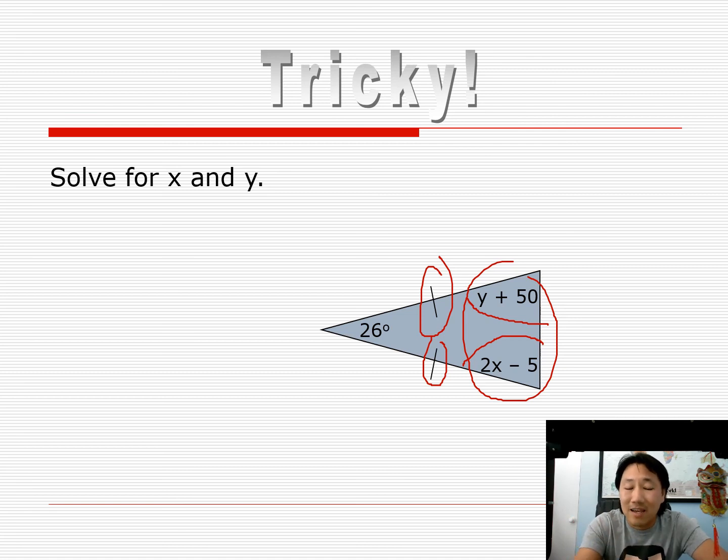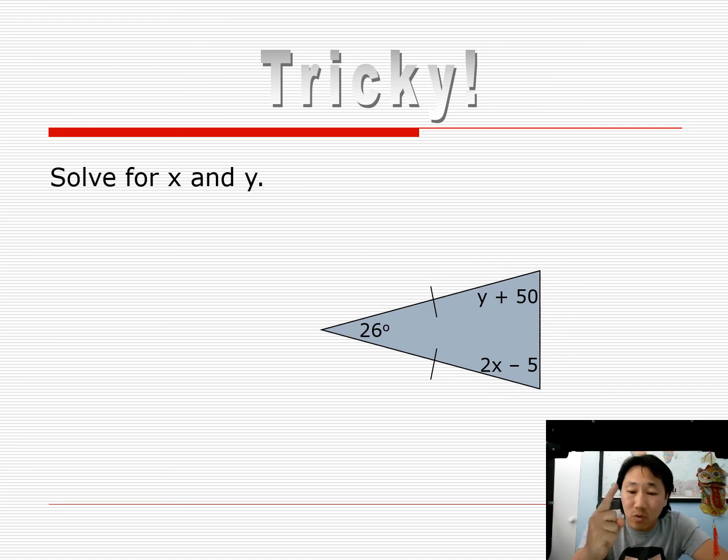You're going to have an x and a y in the equation, and you cannot solve it when there are two variables and only one equation. So how do we do it then? I'll give you a little hint. It has to do with this 26 degrees.